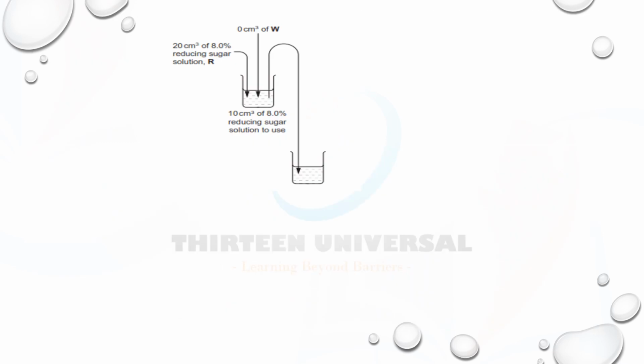Here we're expected to produce different concentrations. Remember that we want to estimate the concentration of sugar in a grape extract. But we need to plot a standard curve using known concentrations. So we're diluting this. This is R, okay? This is the stock concentration, which is 8%.